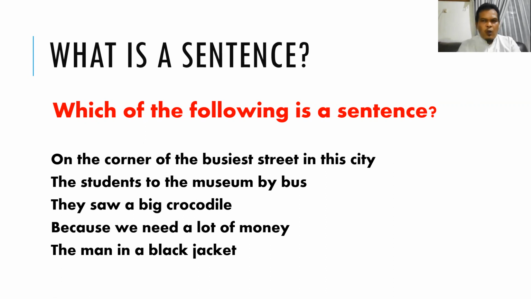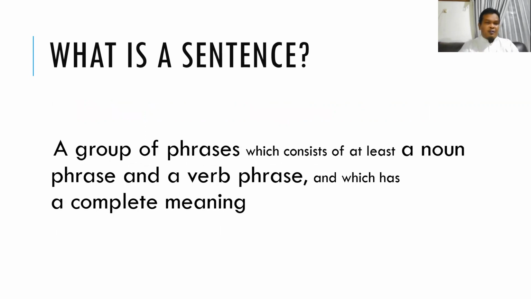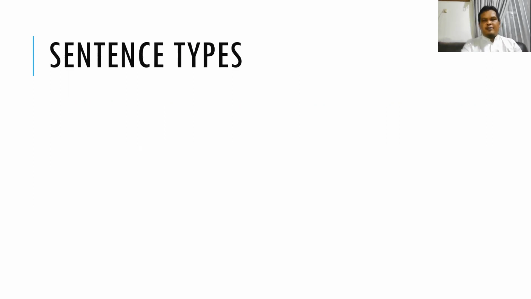This structure also doesn't have a verb phrase. Okay, so we can define a sentence as a group of phrases which consists of at least a noun phrase and a verb phrase and which has a complete meaning. So the basic structure of a sentence is composed of NP plus VP, noun phrase and verb phrase.